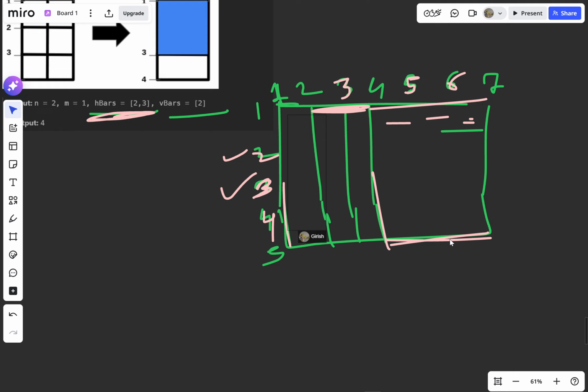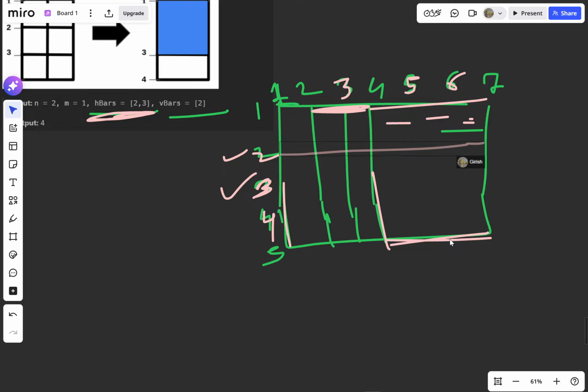So from this example you will get to know that continuous horizontal bars and continuous vertical bars give us the length and the breadth.